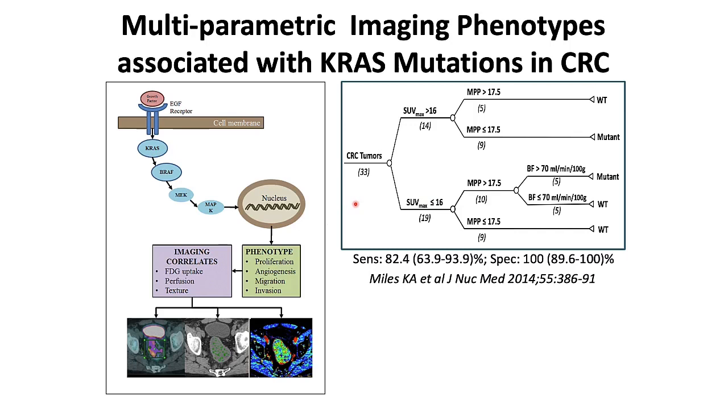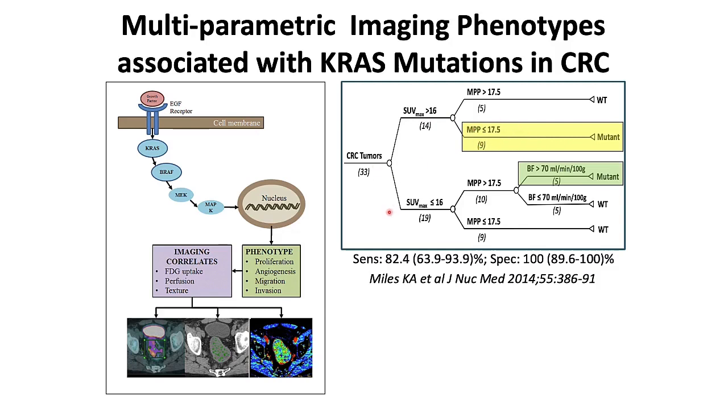And it was found that there were two phenotypes for the same gene mutation, for the KRAS mutation. And using this recursive decision tree method I alluded to earlier, some of the patients with the KRAS mutation had high glucose metabolism, that's an SUV max above 16, and those also had a particular texture characteristic.